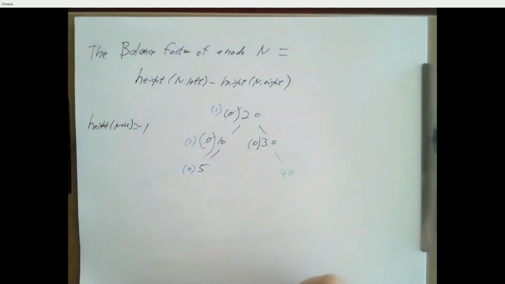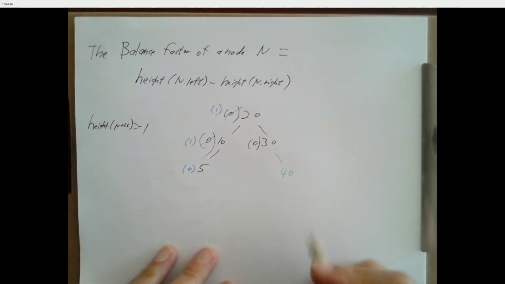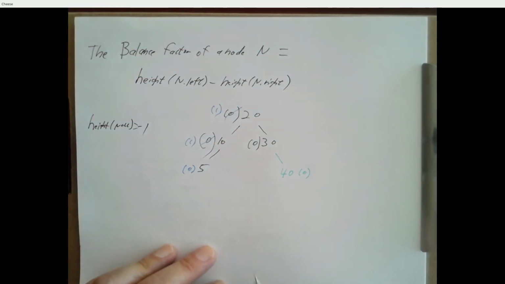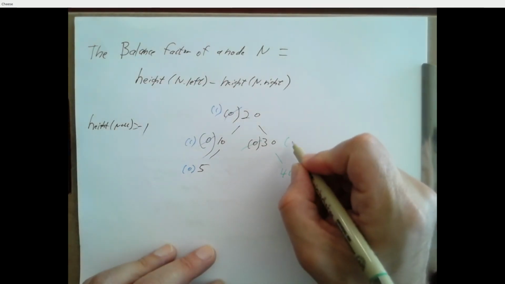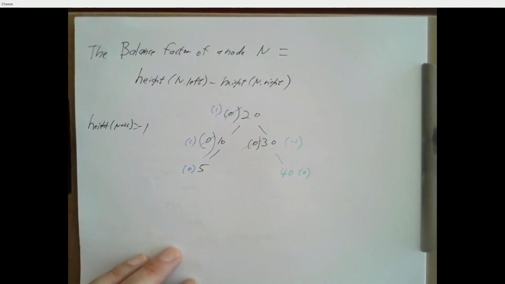So let's add a 40. This is a 0 because it's a leaf. What about the 30? Height of the left minus height of the right, minus 1. And what about the 20? Well, what's the left subtree of 20?